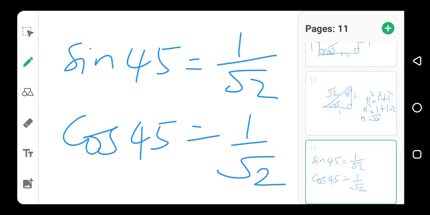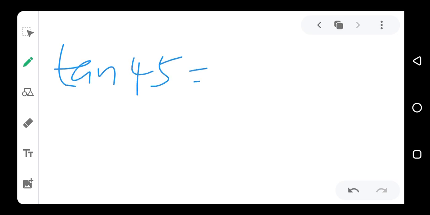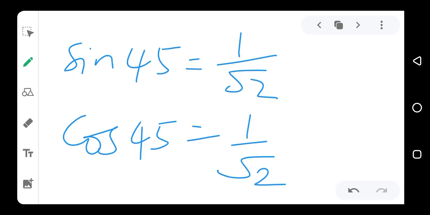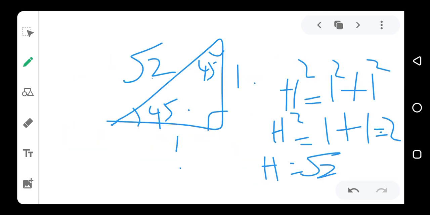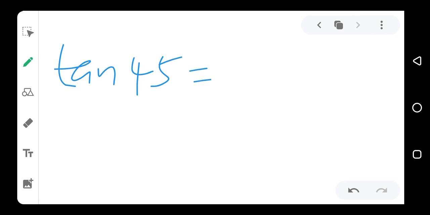Then tan 45 is equal to opposite over adjacent, where opposite is 1 and adjacent is 1, that is 1 over 1.